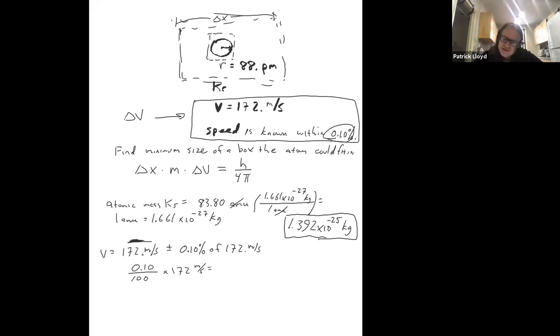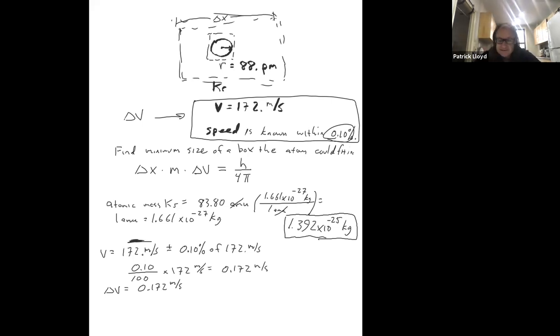That's the calculation, 0.1% of 172 times 172. Well, that's easy enough. That's 0.172. So really what we're saying is the uncertainty in the velocity is 0.172 meters per second. Okay, so now we know delta V.